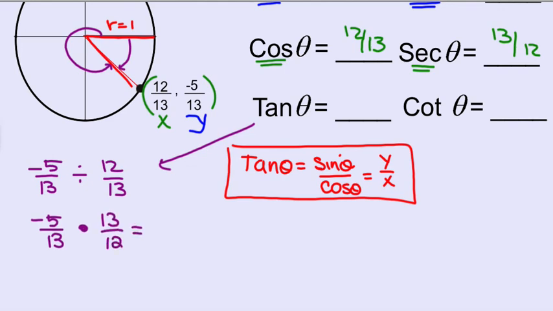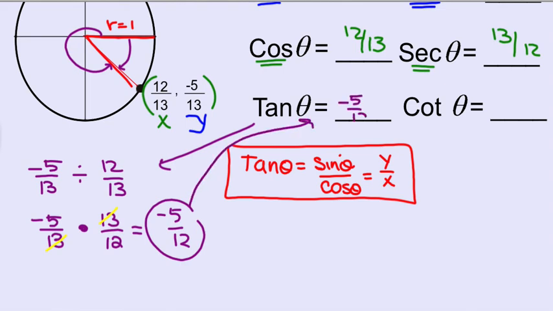So now we're going to multiply across. The 13s will cancel. When you multiply across, you get -5 12ths. So there is your tangent, -5 12ths. To find the cotangent, just flip the tangent, inverse the tangent. So now it's -12 fifths.